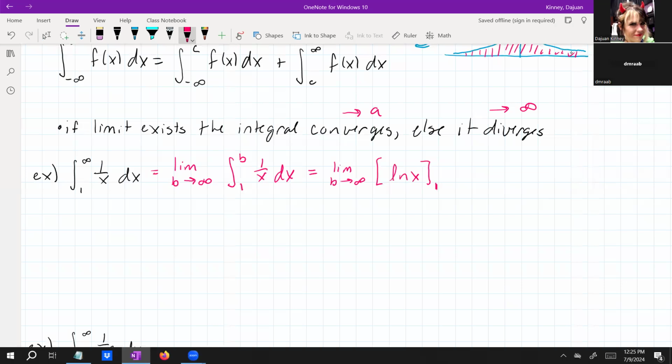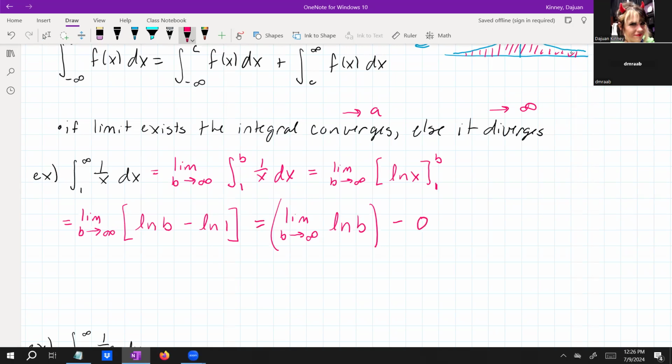And my limits of integration go from 1 to b. Plug this in. All right, natural log of b, natural log of 1 is 0, right?